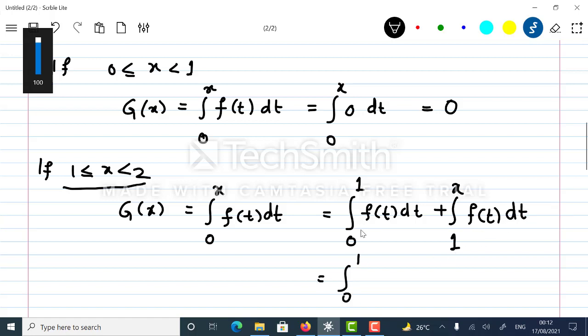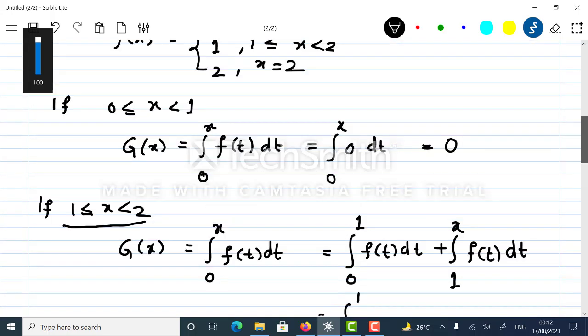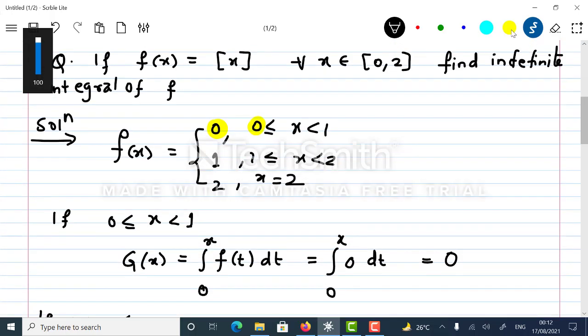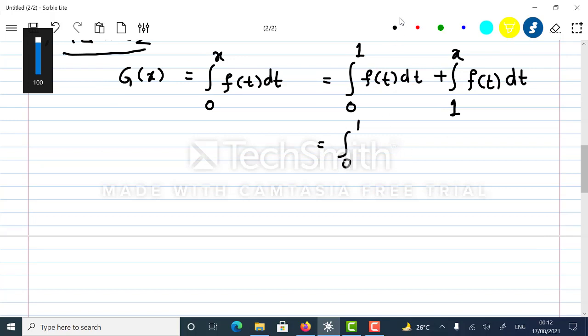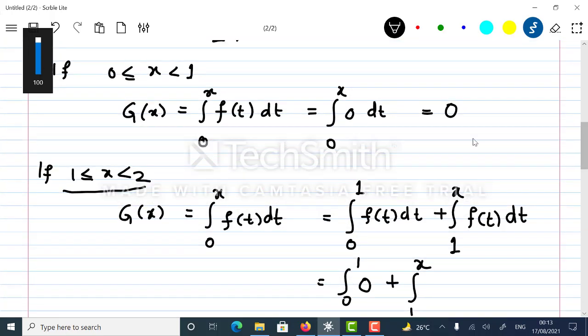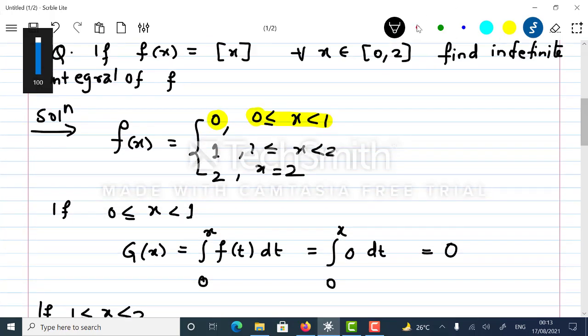Between 0 to 1 my function is 0, plus 1 to x. Between 1 to 2, my function is 1.